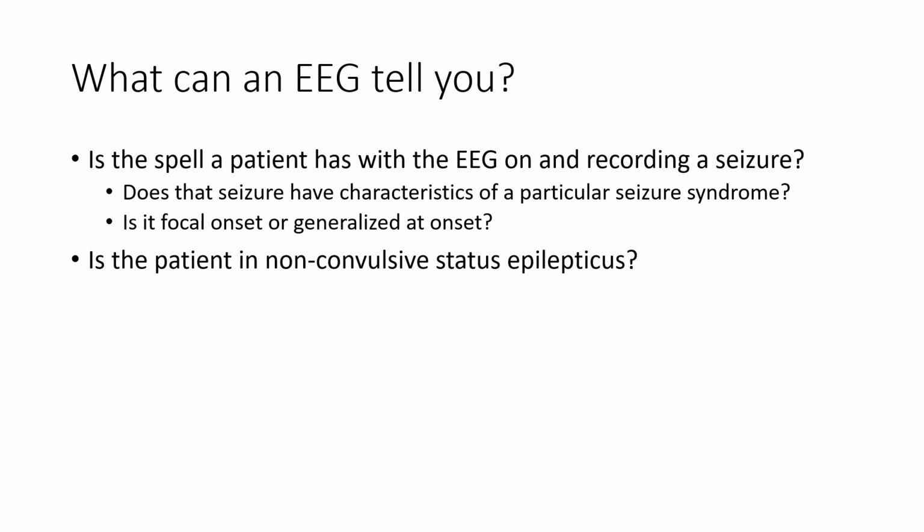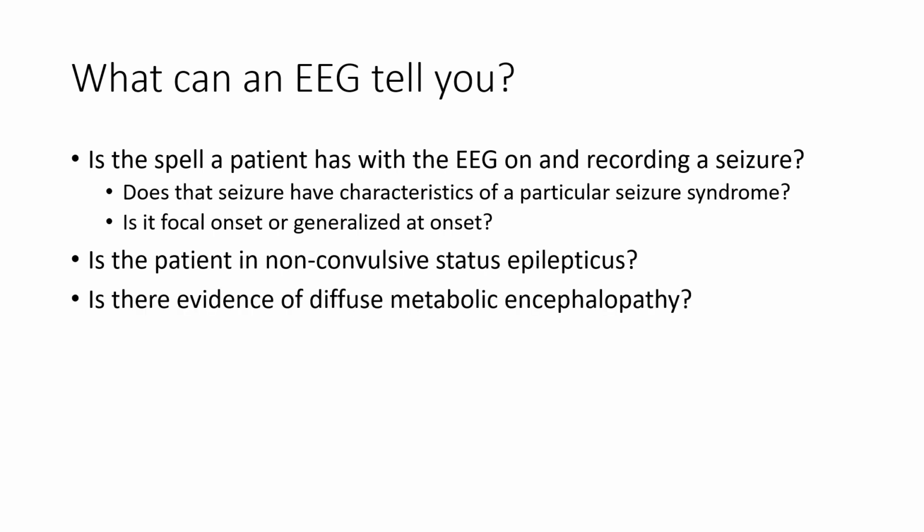Or are they non-responsive because they're actually still in non-convulsive status epilepticus, meaning that their EEG looks exactly the same as it did when they were in clinical status epilepticus, but now there's no clinical correlate of this electrographic status. So if we put someone who's non-responsive on an EEG, we can look to see if that's because of ongoing seizure activity.